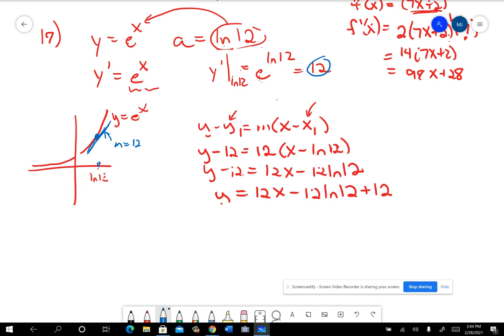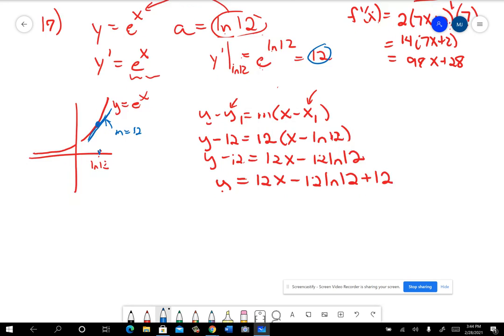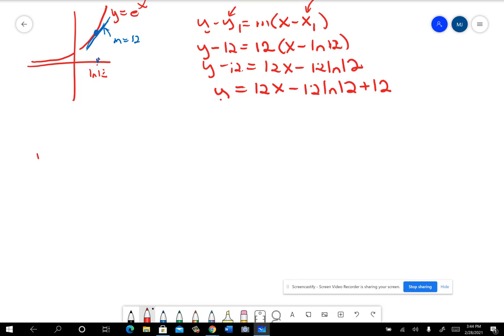All right, then let's look at, say, number 19. Number 19 gives you a function. This one has a radical in it. In part A, we want to find all the points at which the tangent line is horizontal.